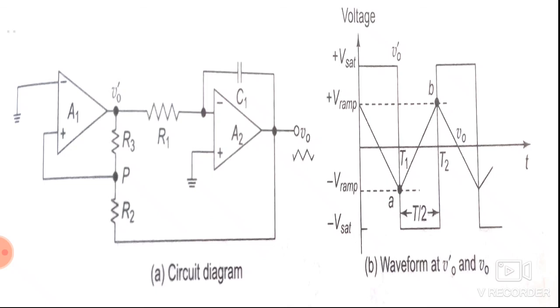So we can have the regular waveform, and it is from plus V ramp to minus V ramp to plus V ramp to again minus V ramp, and so on and so forth. So this is the similar output. To remove the dissimilarity, charging or discharging from 0 to T by 2 or 0 to T has been removed here. So this is the working of the triangular wave generator.